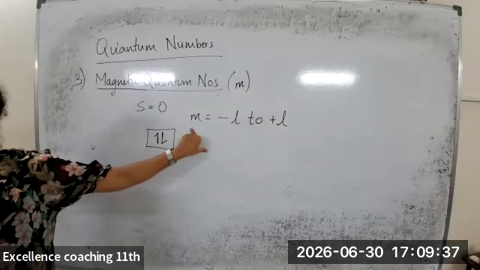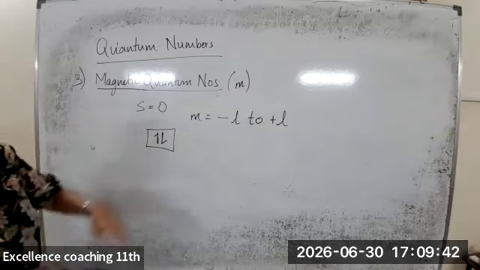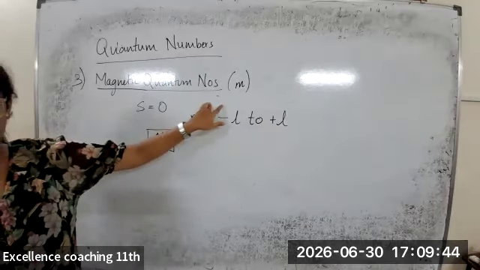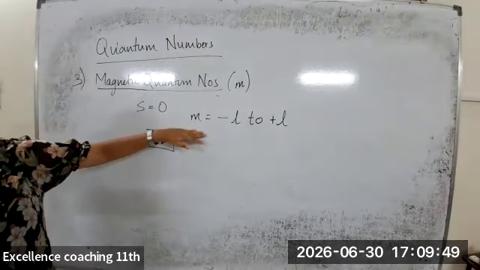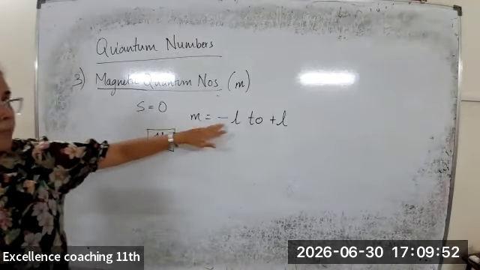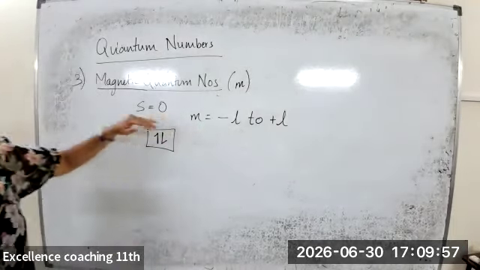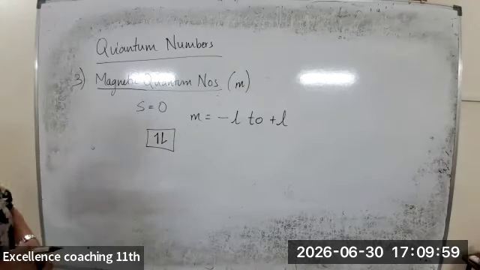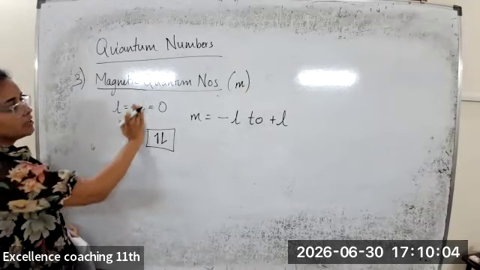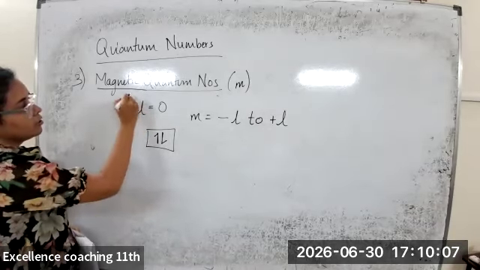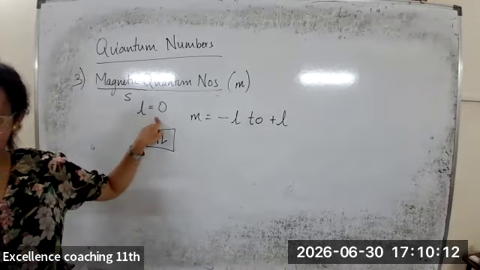Are you getting what I said? I said that you represent the magnetic quantum number with a small m, and my small m can have values from minus L to plus L. For the s subshell, my value of L is 0.